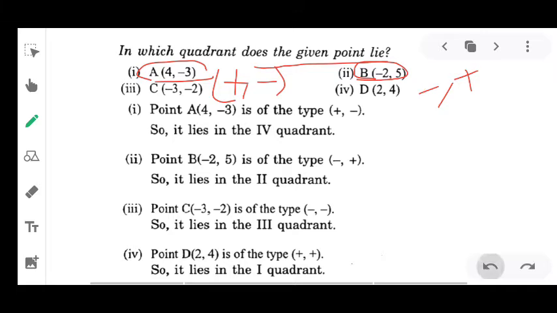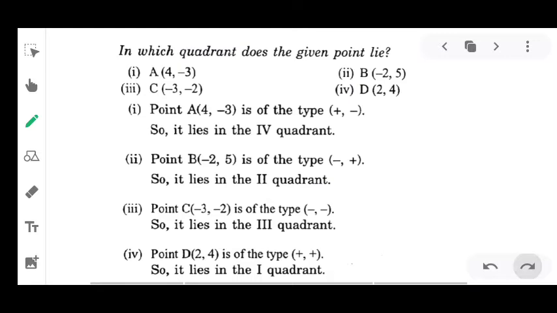Clear? Then the third question, c, minus 3 comma minus 2. That means this is of the minus minus type, and the minus minus type means this point will lie in the third quadrant.